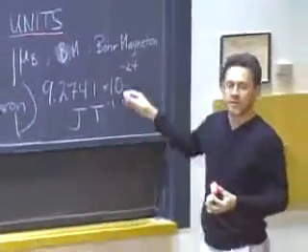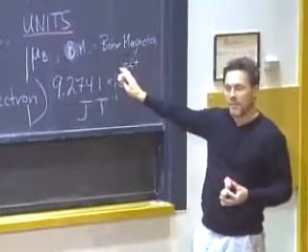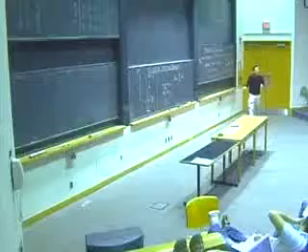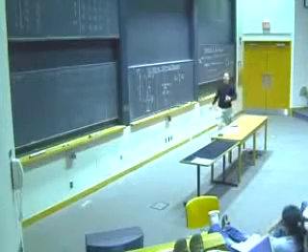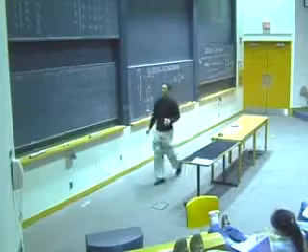So this is the value of the Bohr magneton, and the Bohr magneton is the unit also of our magnetic moment.